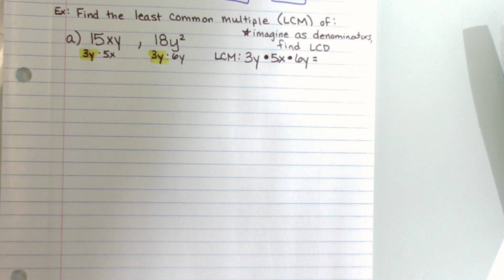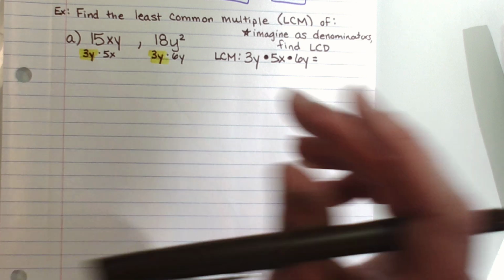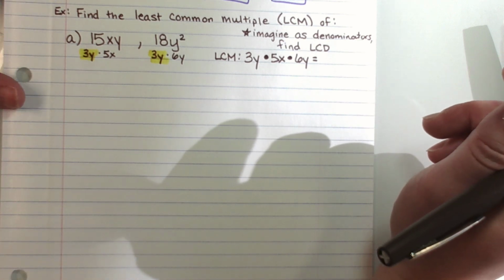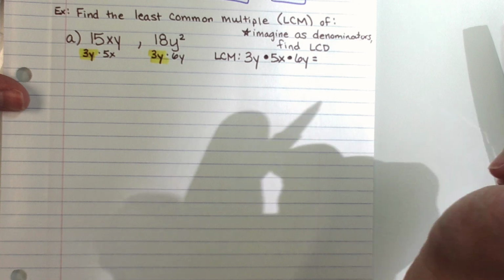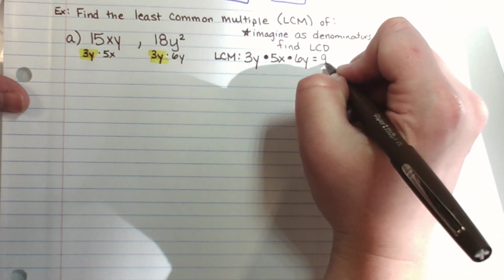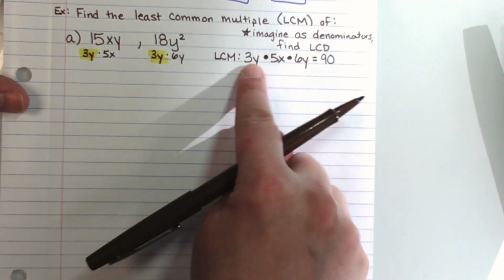Now, if you have anything factored, as in like parentheses, don't actually do the distribution. Just leave them in their parentheses. But if they're all monomials, multiply them together. What is 3 times 5 times 6? 90. What about the x's and y's?